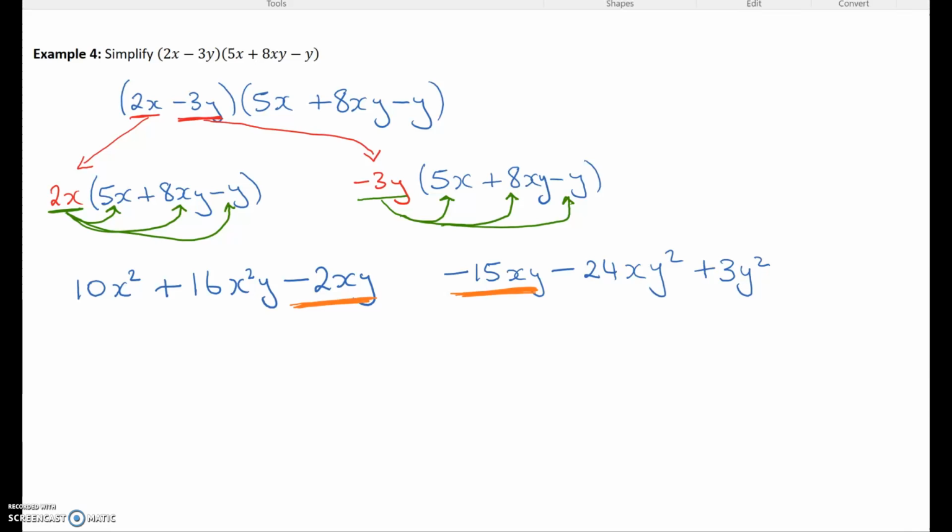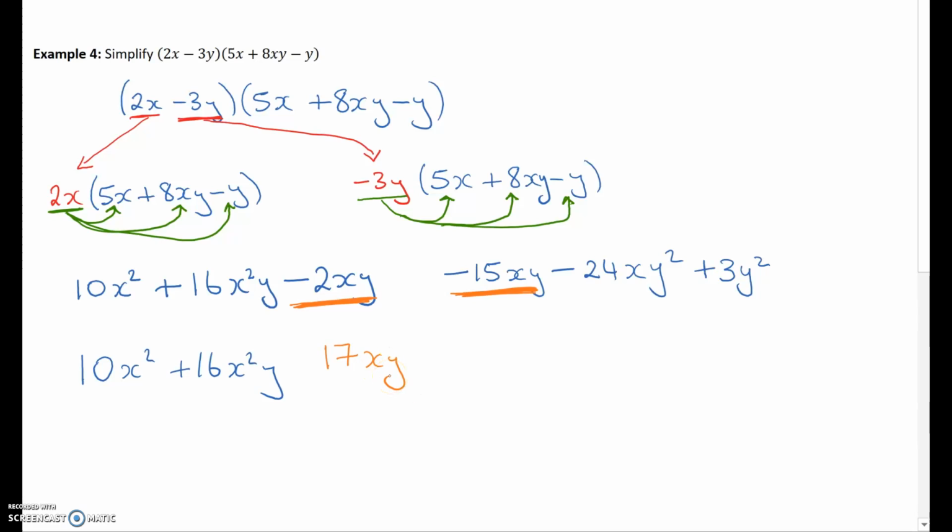So our final answer is going to be 10x squared plus 16x squared y. And then let's just use the orange marker to show that we're combining these two. They're both xy, they're both negatives, the same sign, so add the numbers. 2 and 15 is 17xy.